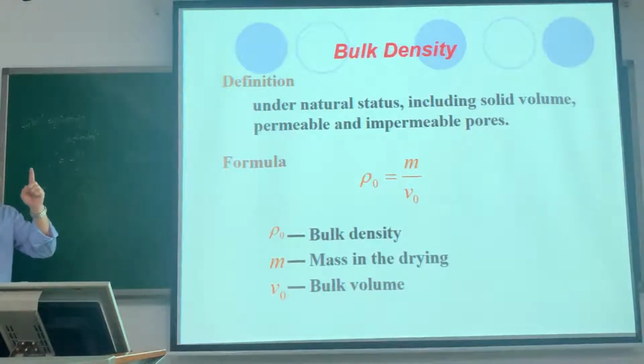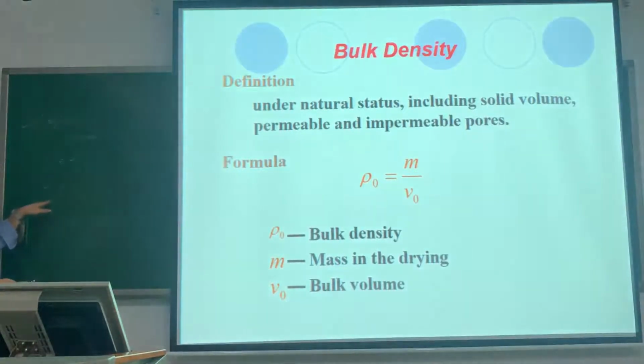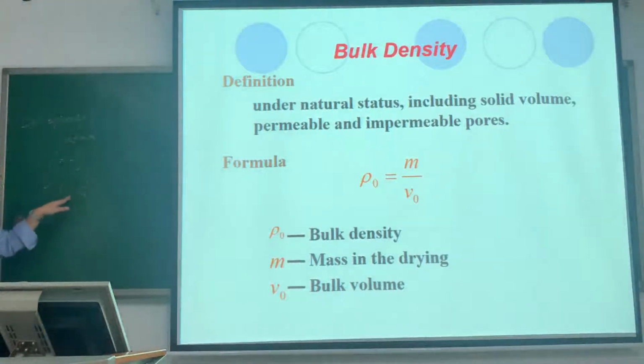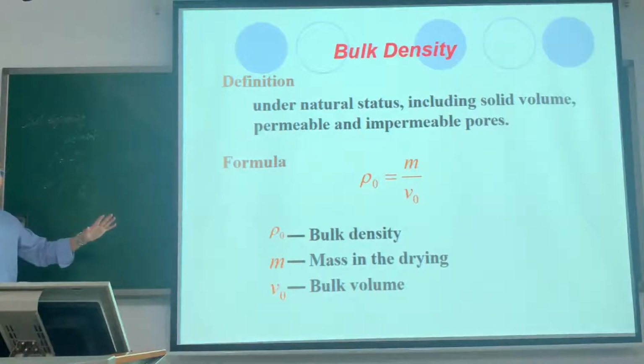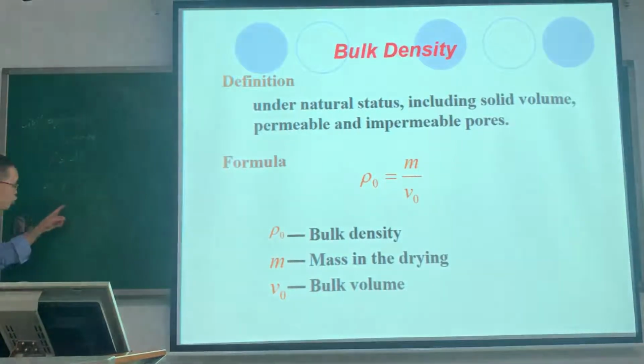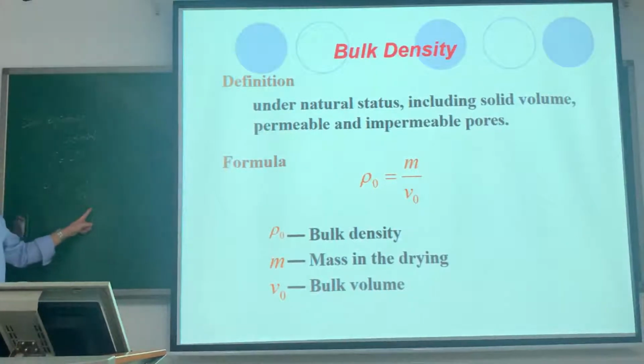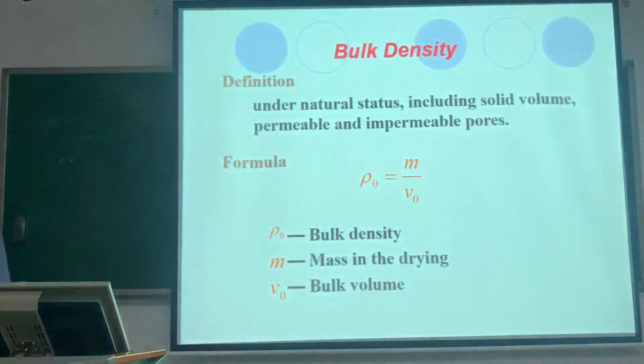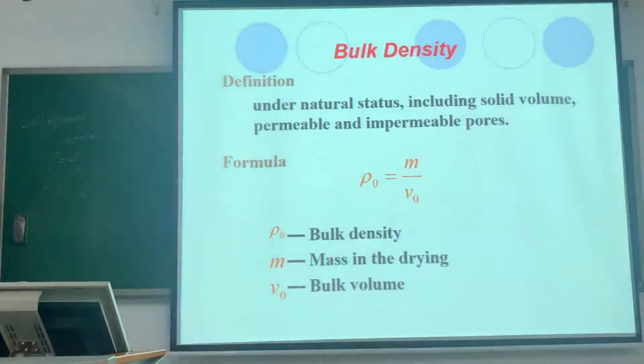For the same rock, the density, apparent density, and the bulk density are different. So I want to know which one is the biggest, which one is the smallest. Which one is the biggest?